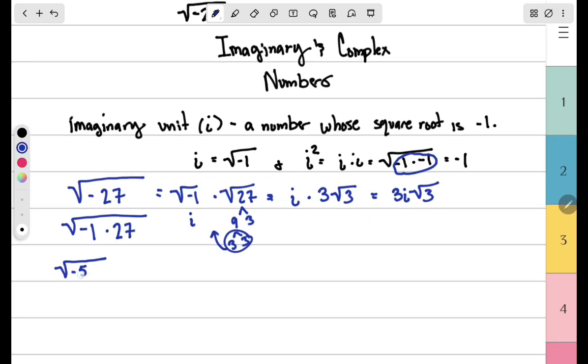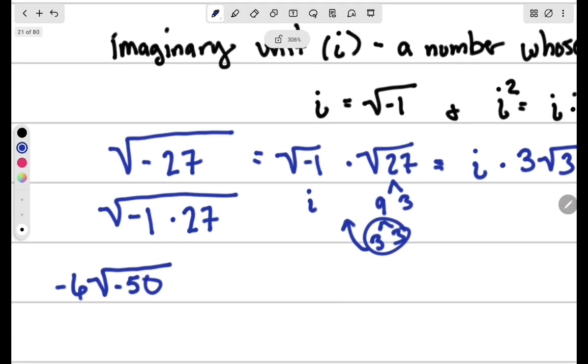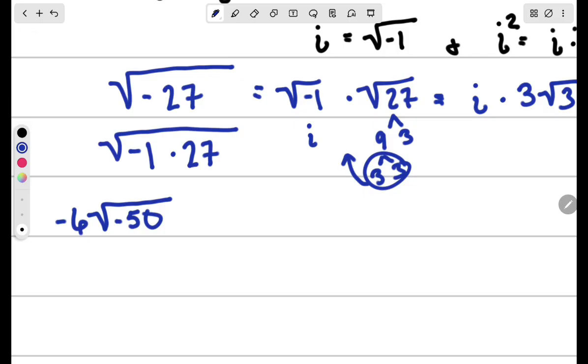Let's do one more. The square root of negative 50, and let's put a negative 6 on the outside. All right, let's see. I like that. The first thing I would do, I know to have a square root with a negative radicand, let's separate that.